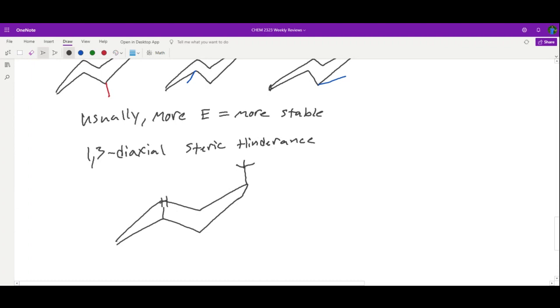There are hydrogens facing right here, right? So the 1,3 is coming from carbon 1 here, and carbon 3 can go in either direction. Okay? So these hydrogens are going to be colliding with this t-butyl or any other bulky group.